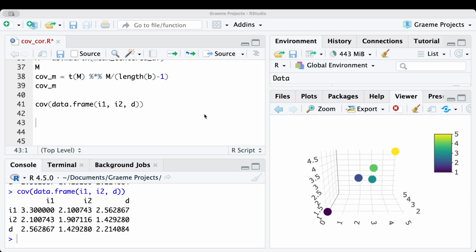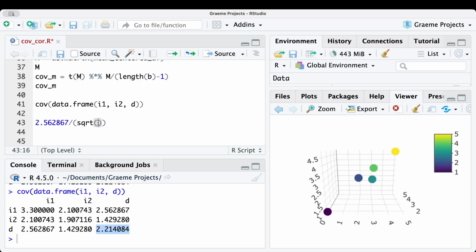The correlation is pretty easy to calculate from the covariance. If we want to look at the correlation between D and I1, we take the covariance and divide it by the product of the square roots of their respective variances.